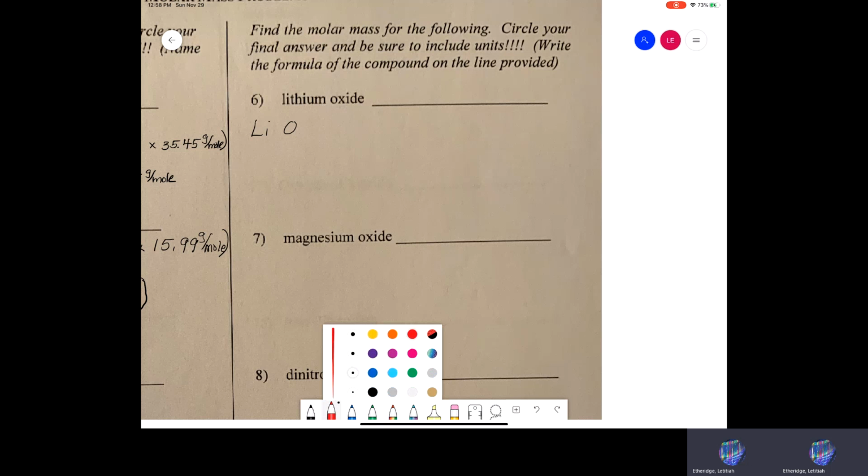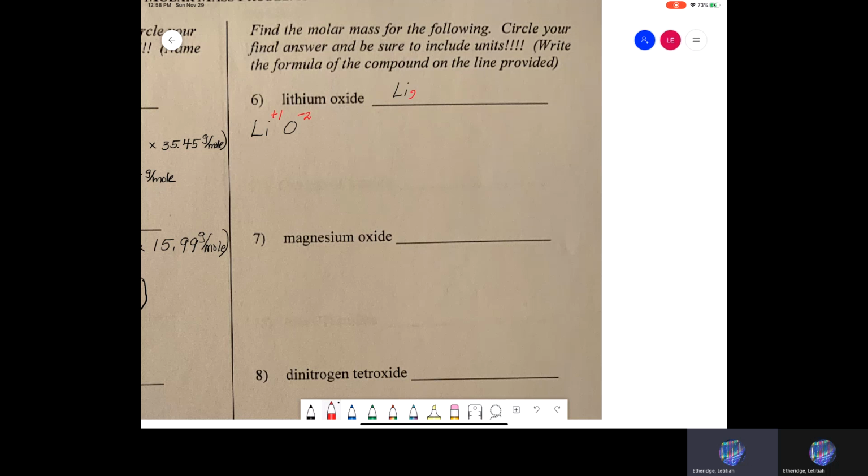First thing, you need to figure out the oxidation numbers. Lithium is in group 1, so it is +1. Oxygen is on the far side in group 16. They all have a charge of -2. Same thing we've been doing. Cross your numbers. You should end up with Li2O.